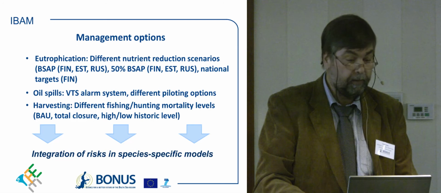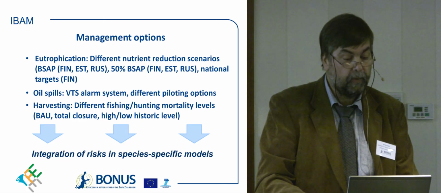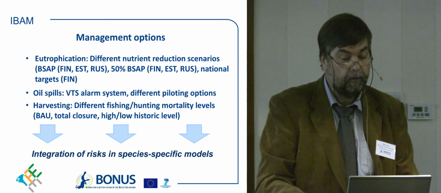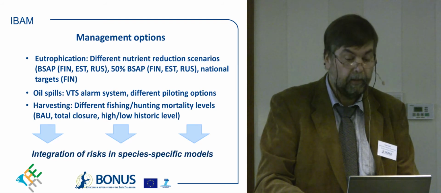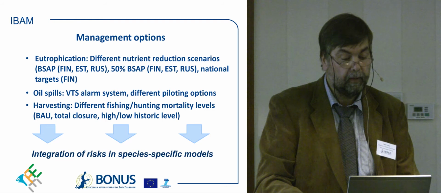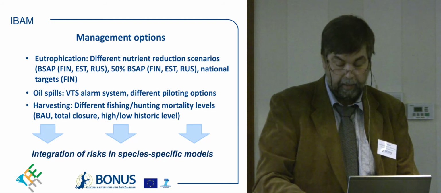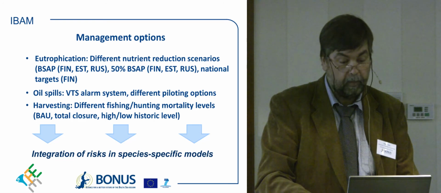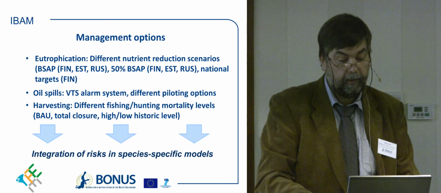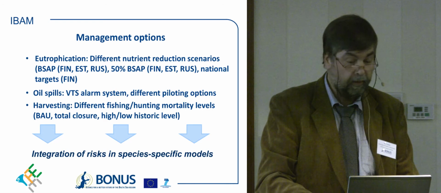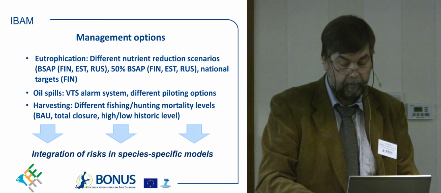In the case of harvesting, which is an additional risk caused by society for the species concerned, we look at the fishing and or hunting mortality levels, the current situation, total closure, which is an extreme thing to do, and then the highest and lowest observed levels. And we look at these risks by some species-specific models, which are then risk indicators.